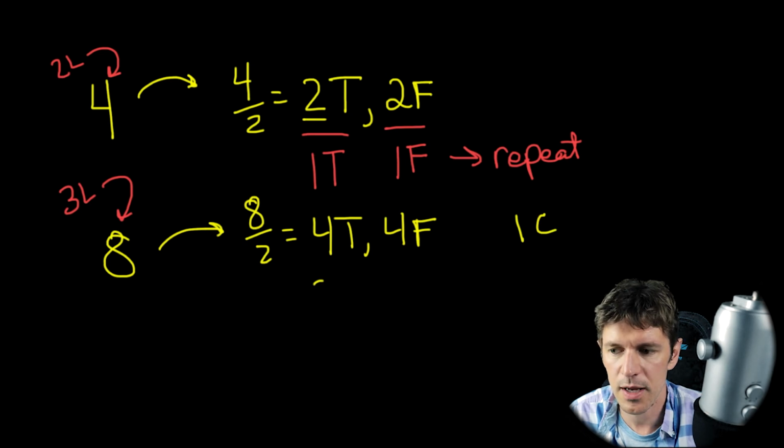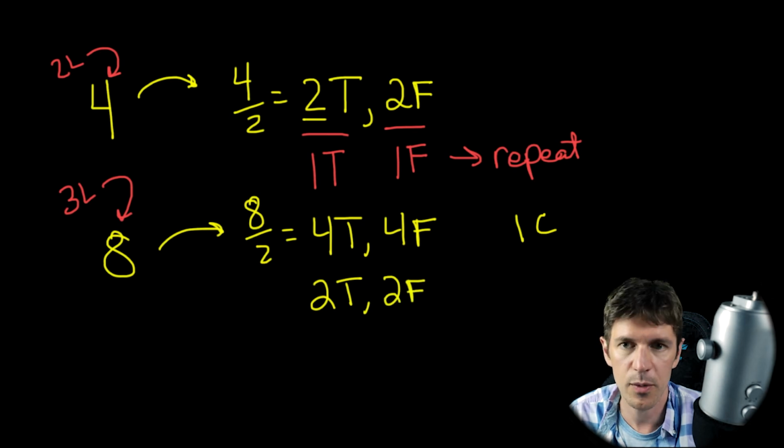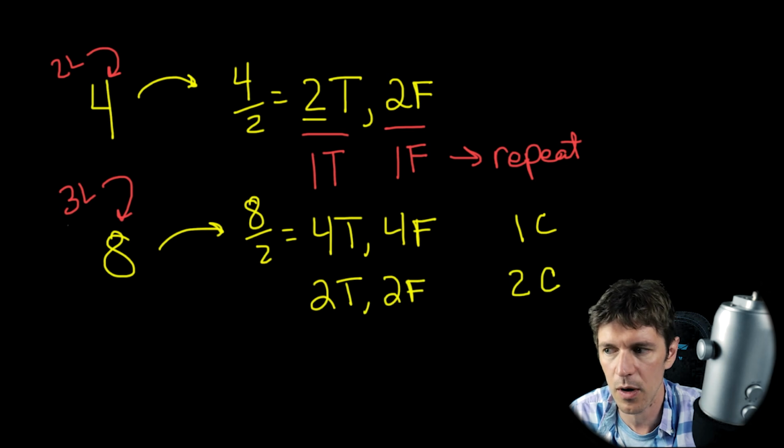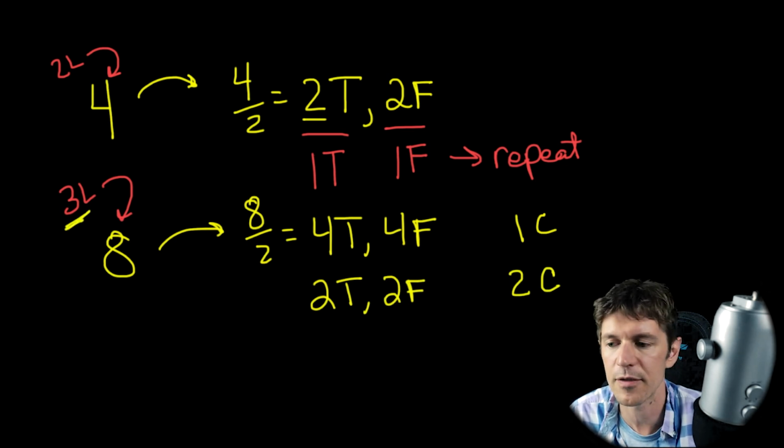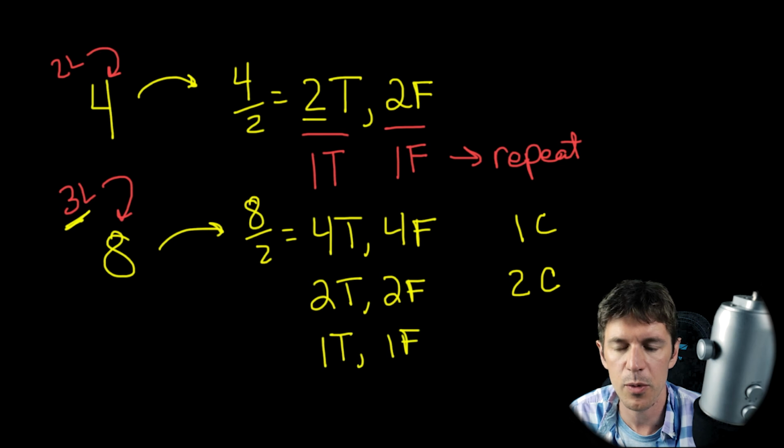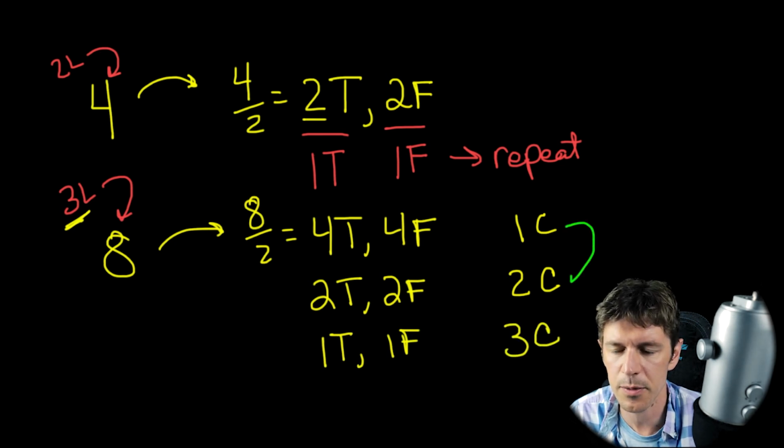For the next one, we would take 2 trues, which is half of 4, and then 2 falses, and then we would repeat that pattern. So this would be our second column. We're going to need one more column for that third letter, and so we would take half of 2. Half of 2 is 1. We would say 1 true and 1 false, and we would repeat this pattern for our third column. So you can see for each column, we're simply taking half of the previous column and then repeating that pattern.